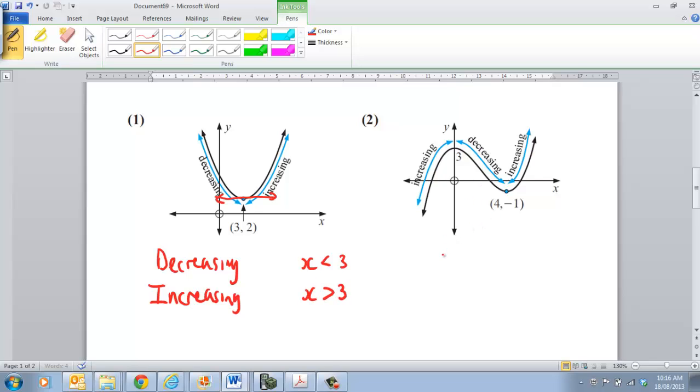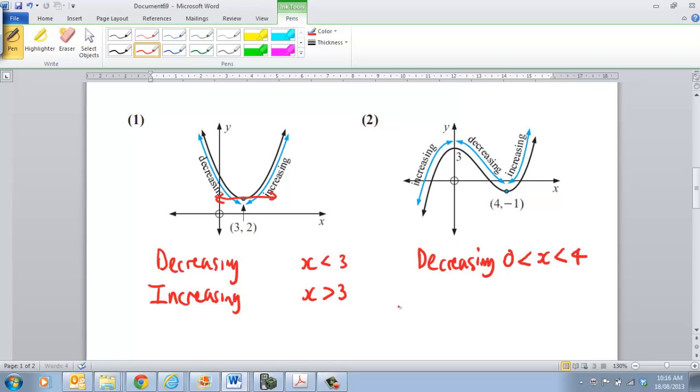Over here, we're describing this one, it's decreasing for this section here, so when x is between, say, 0 and 4. We'd use this terminology: when x is greater than 0 and x is less than 4.